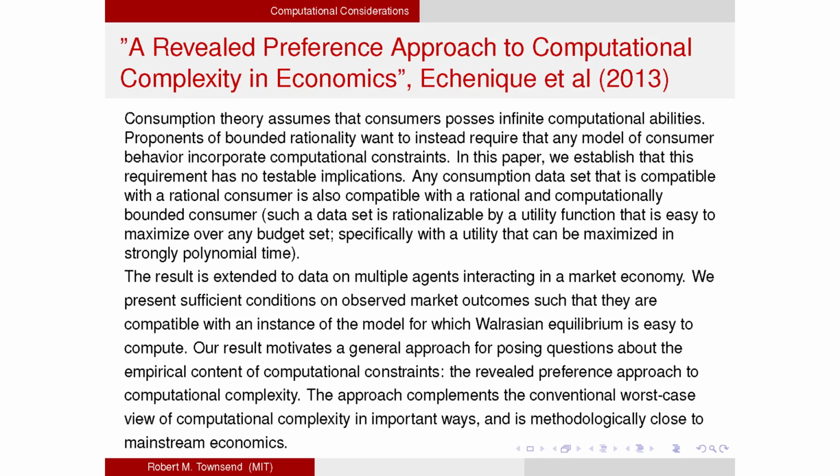All right, another version of this: instead of having a single household maximizing or otherwise, we have multiple agents interacting in a market economy. We want to say, if possible, that the observed market outcomes are consistent not only with individual maximization, but with a Walrasian equilibrium. So what is the empirical content?